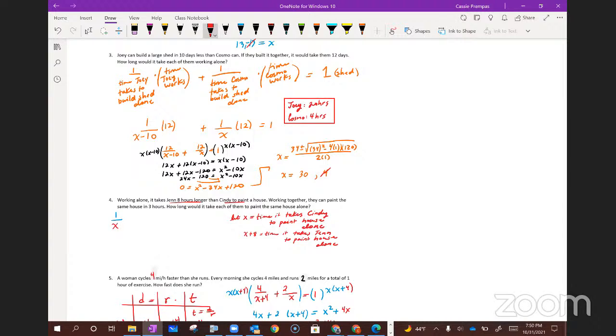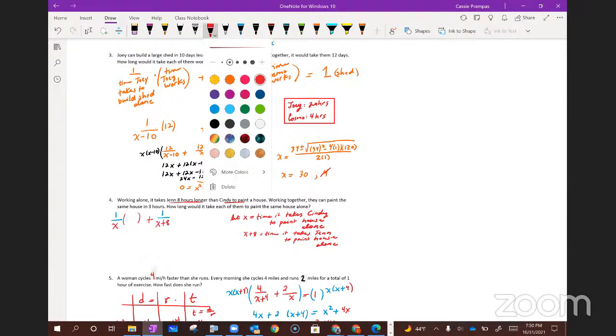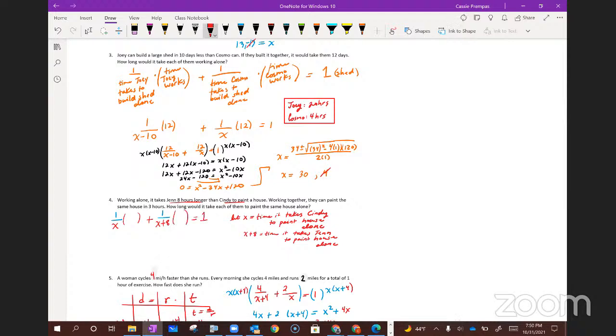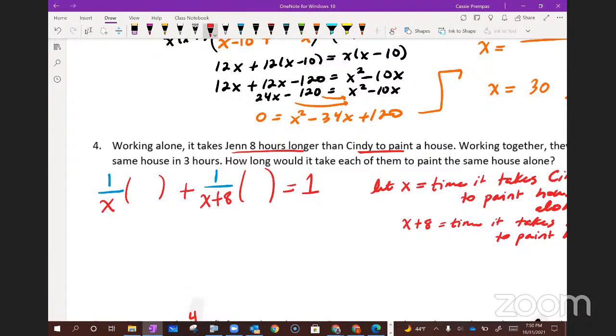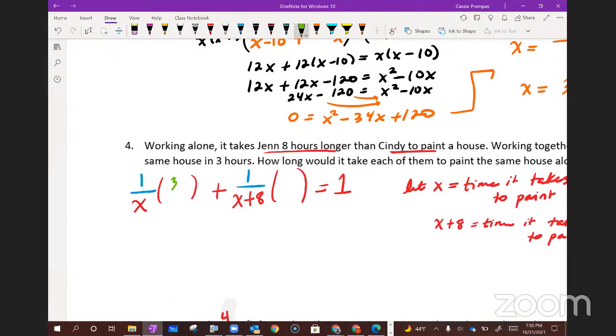And then this is 1 over the time it takes person B to do the job alone, so plus 1 over x plus 8, multiplied by the time, is going to equal the 1 job. How long are they working together? 3 hours. So I'm going to multiply this by 3, because that's the time that Cindy's working on the job, and 3 is the time that Jen's working on the job.